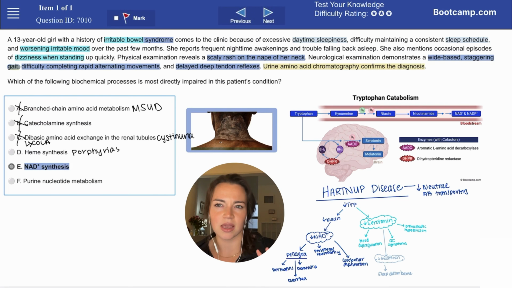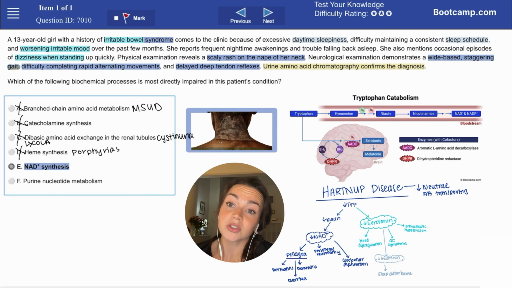The neurologic symptoms in AIP are more like psychosis, seizures, some neuropathy. You don't really see the cerebellar dysfunction, ataxia side of it, and you don't see those cutaneous symptoms like the photosensitive rash. Porphyria cutanea tarda is the one that does cause a photosensitive rash, but it doesn't have the other findings. So this constellation of symptoms together doesn't point you towards any one individual porphyria, so you should be thinking of something else. So answer choice D is out.